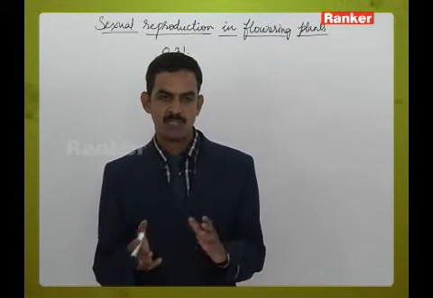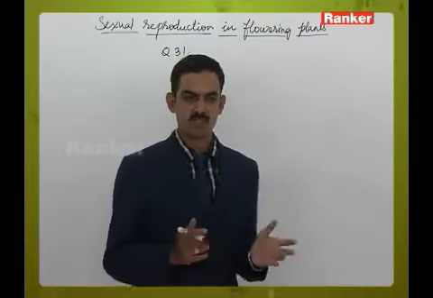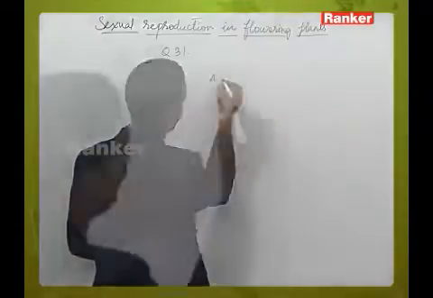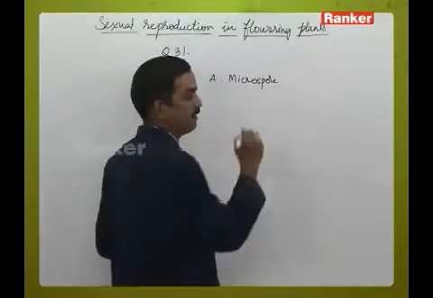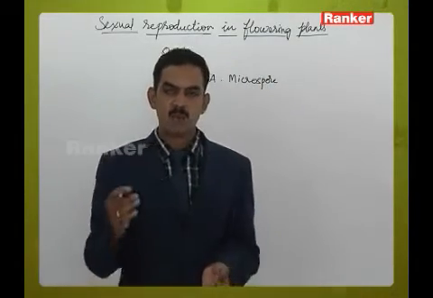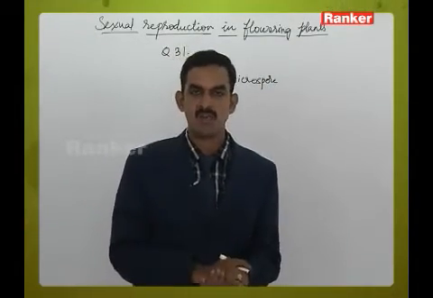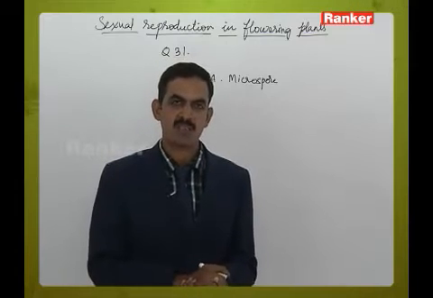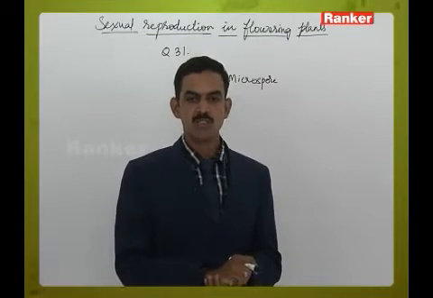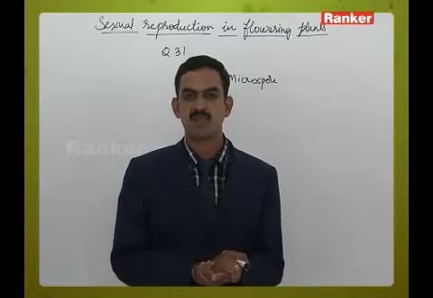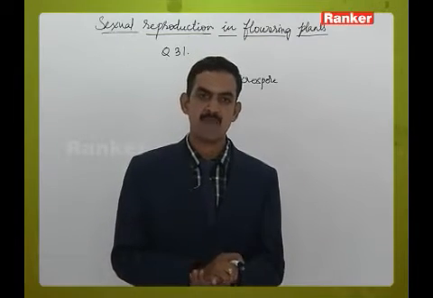So in the given options, list 1 and 2, let's see first one, microspore. Microspore is a haploid structure which is formed as a result of meiosis of the pollen mother cell. So we can call this a meiospore. From the options we can say that it's the first cell of the male gametophyte. Why?